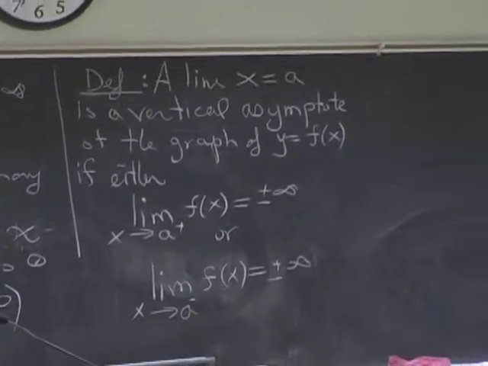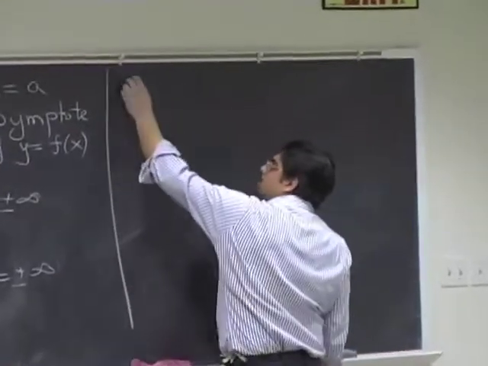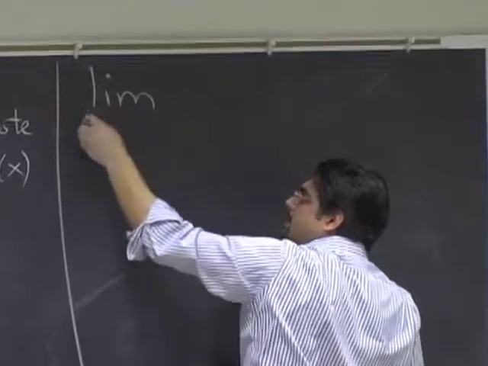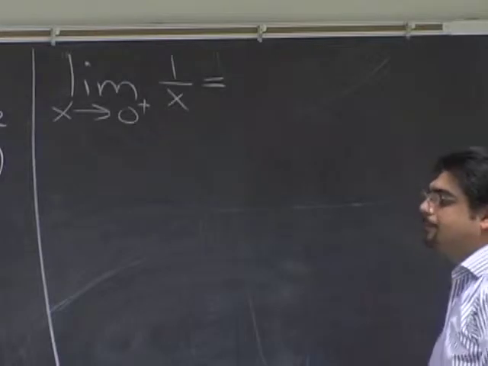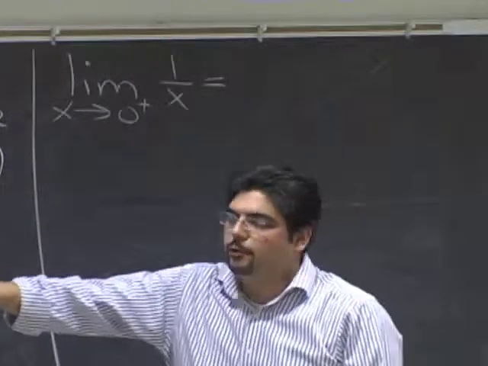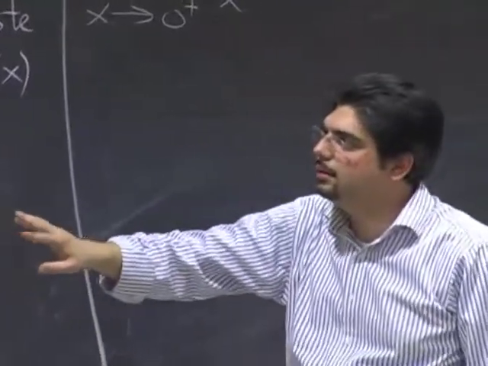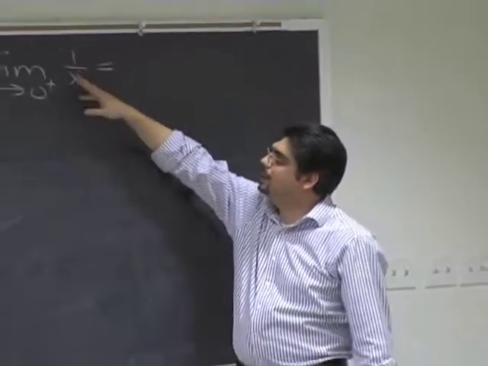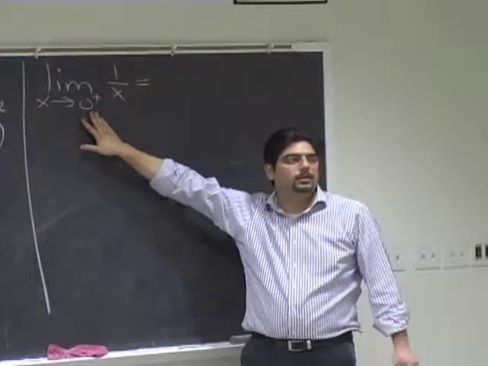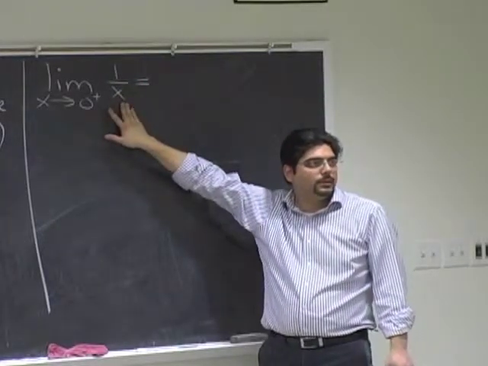The graph I drew over there was the graph of 1 over x. So let me write these limits as results. There actually is a formal definition with epsilons and deltas for infinite limits, but I won't talk about it. But we can argue this by waving hands. When x gets really small but positive, 1 over x gets really large, right?